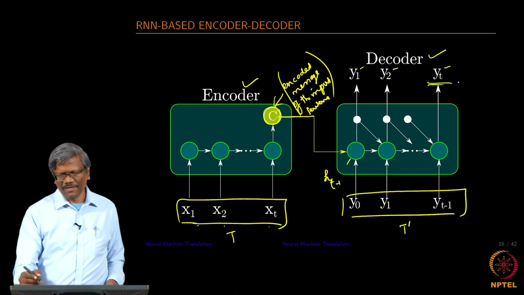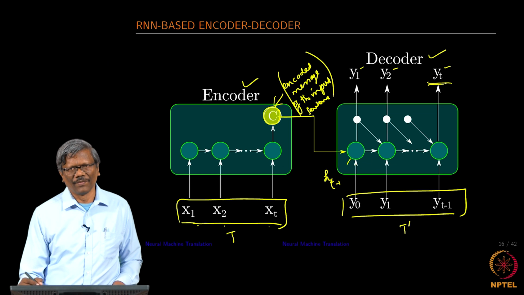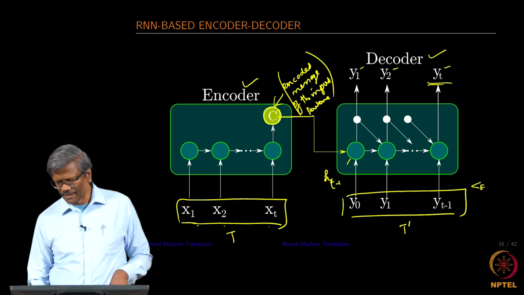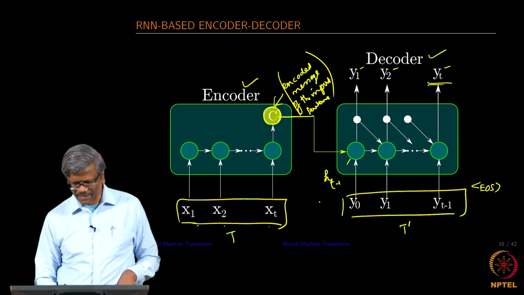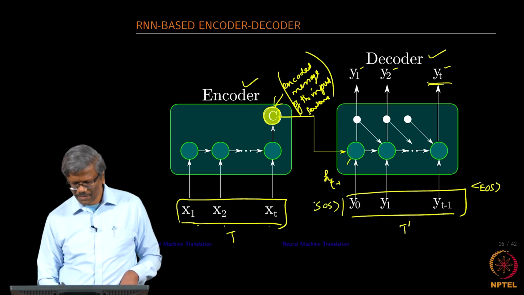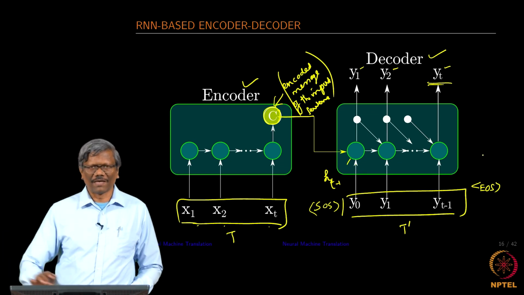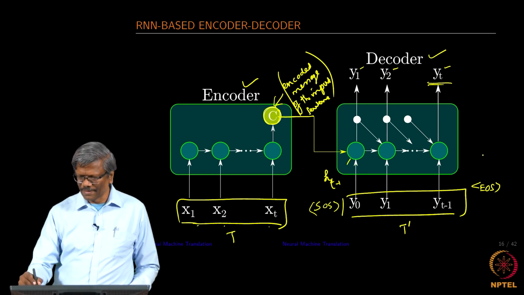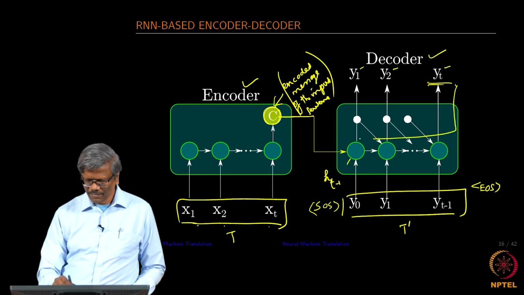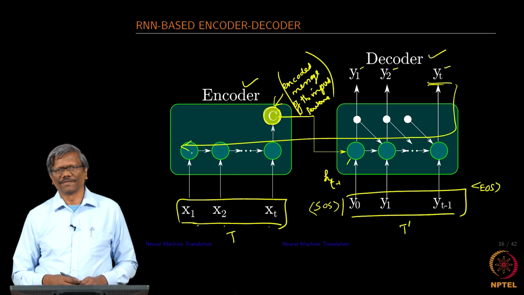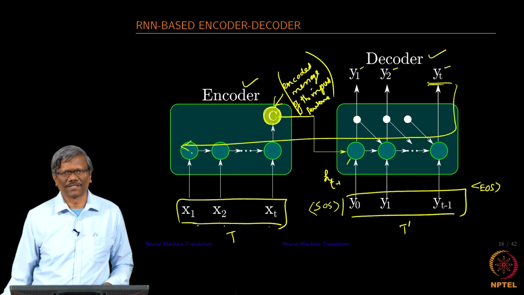Once the end of sentence is detected, there will be a separate end of sentence and a start of sentence, which I am not showing here. When that is detected, we know that it is time for the back propagation. So, then it comes back and then trains all the weight vectors along the path it passes through.